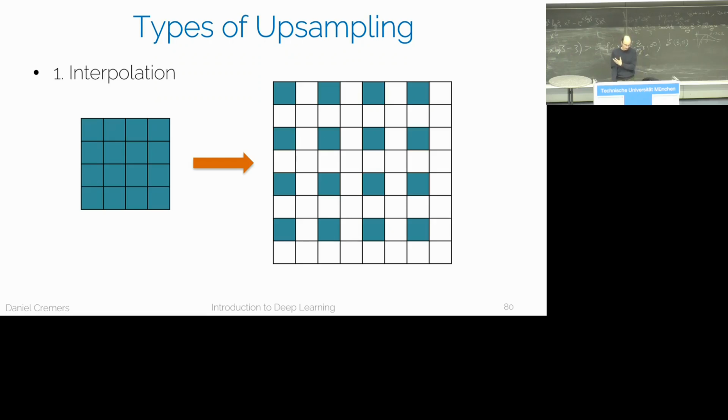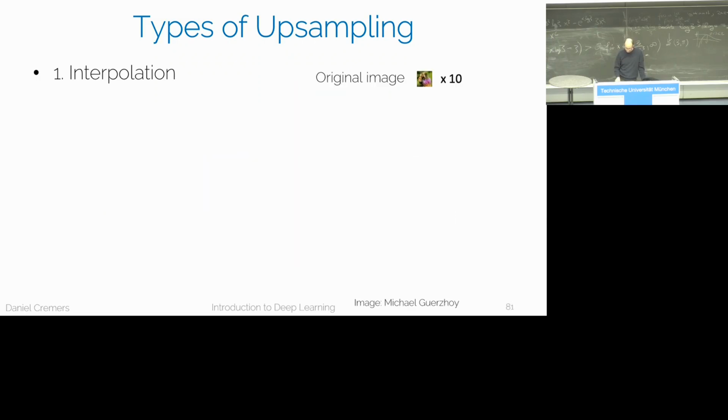But then you want to get back to the original resolution, which means you have to upsample it. This is what it's called. And you can do that in many ways. What you have to ask is, what is the color that you should assign to the pixels in between? There are many ways to do that.